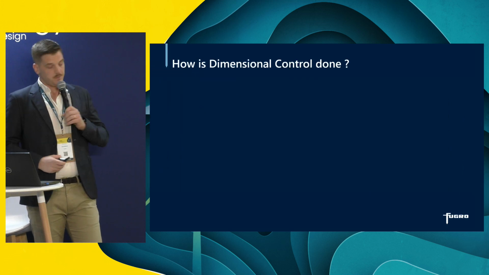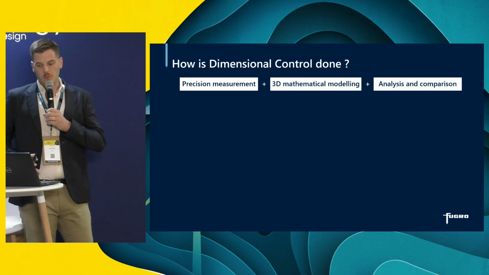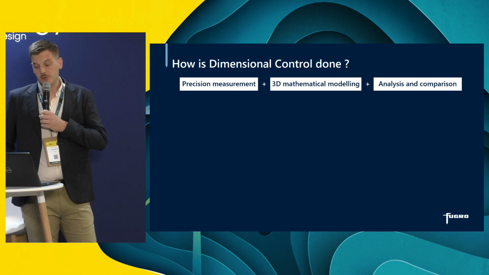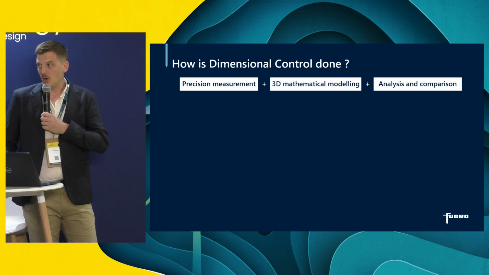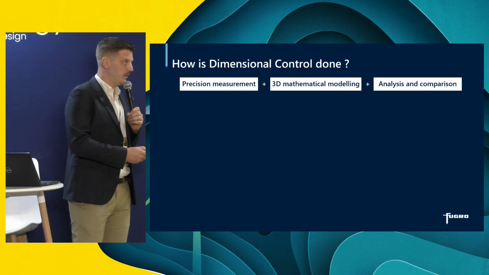As said before, dimensional control is a combination of precise measurement with three-dimensional mathematical modeling in order to analyze the item surveyed and compare it with another object, or with design drawings.